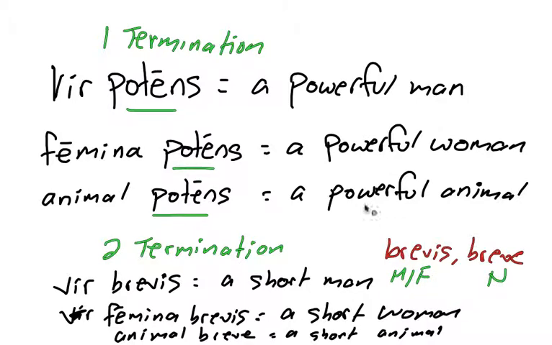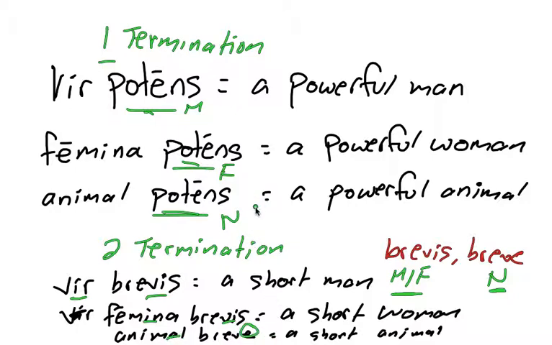Breve is neuter. For potens, it's the same masculine, feminine, and neuter, same word, because it's one termination. But for a two termination, brevis, masculine and feminine are the same, and neuter is a different form. So we had vir brevis, femina brevis, but animal breve.